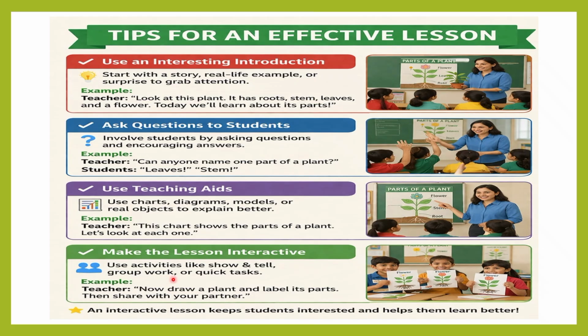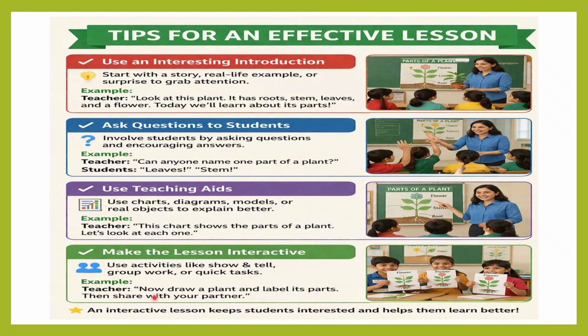Last one is make the lesson interactive. And how will you make the lesson interactive? Use activities like show and tell, group work, quizzes, discussions, role plays. Many activities are there by which you can make the students kinesthetically active. So how will you do that? By involving all those methods, games, and other activities where students are actively involved.